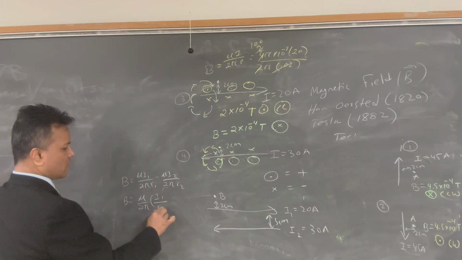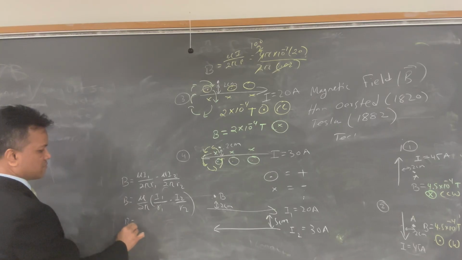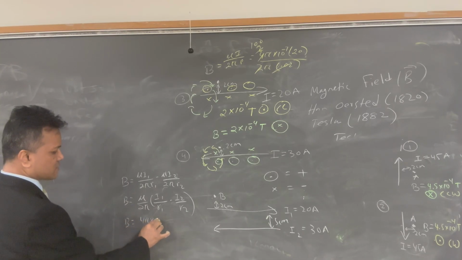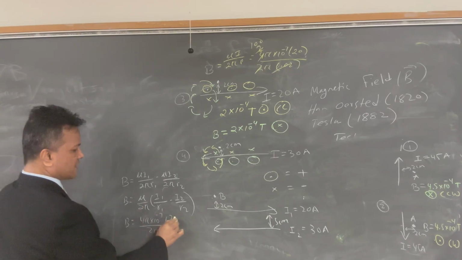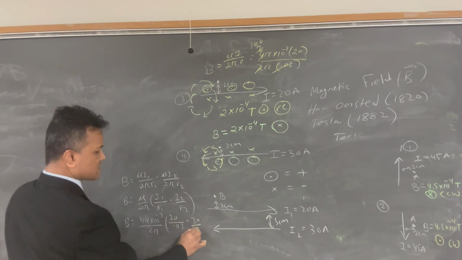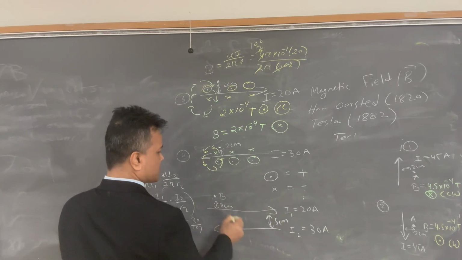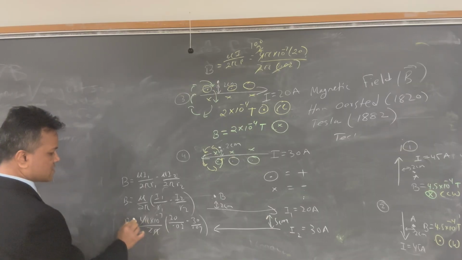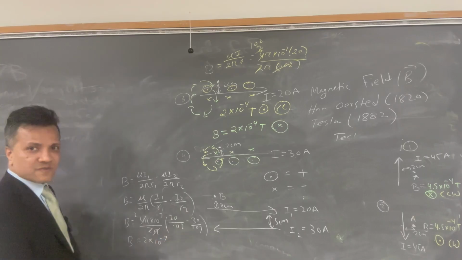Current 1 over r1 minus current 2 over r2. So you're going to write mu, which is 4 pi times 10 raised to negative 7, over 2 pi. Current 1 is 20, this is 0.02. Current 2 is 30, this is 0.07. Why is that? 5 plus 2 is 7. So this is 2. So B is 2 times 10 raised to negative 7. Hopefully you see it over here.